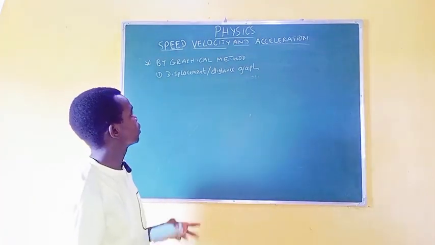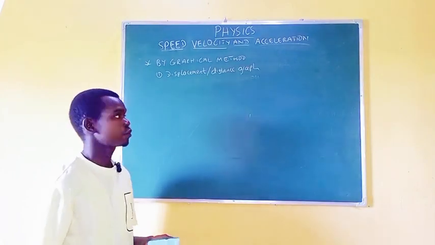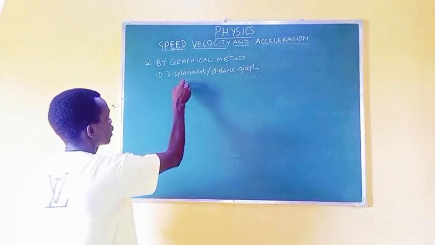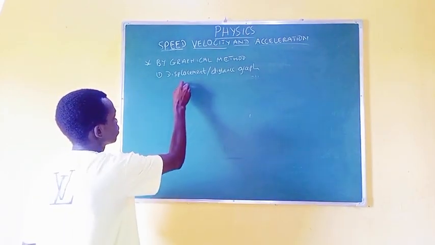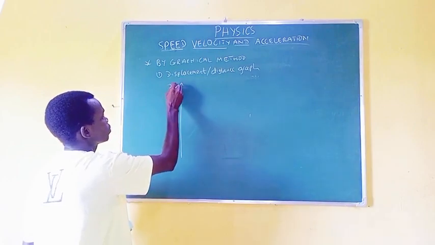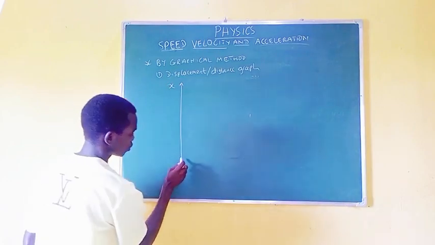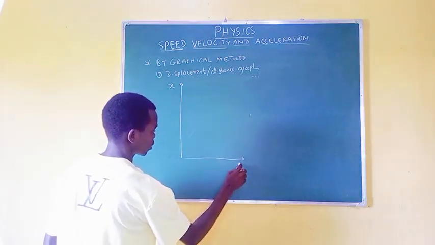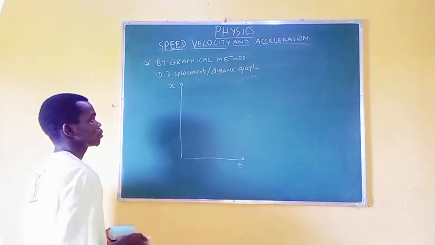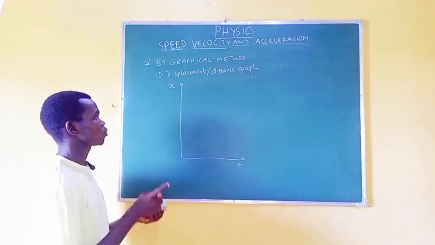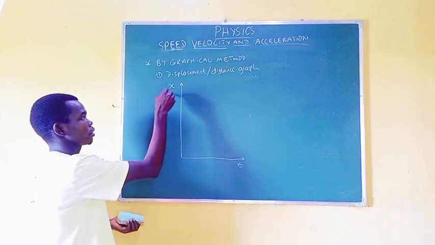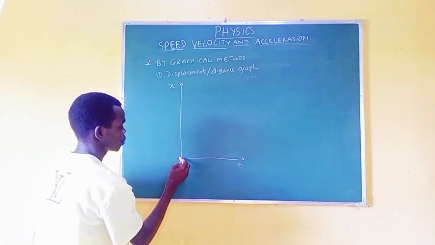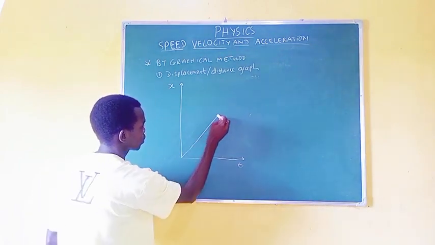Under this graph, we assume that the vertical axis represents the displacement, while the horizontal axis represents time. If we are asked to plot a graph of s against time, the slope will be a straight line.